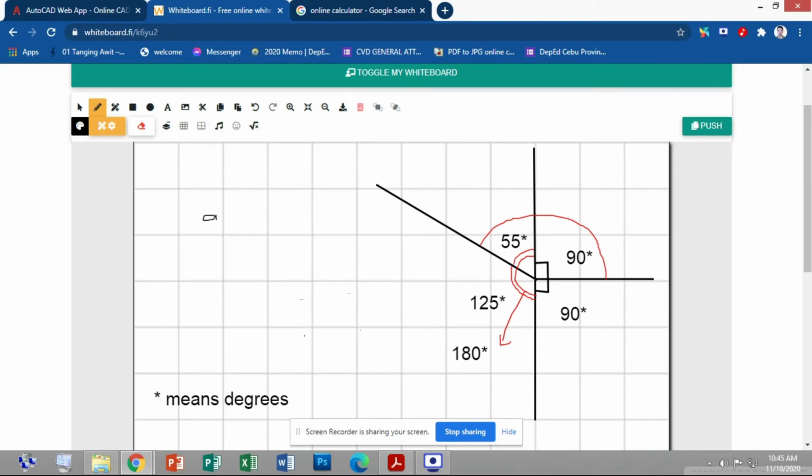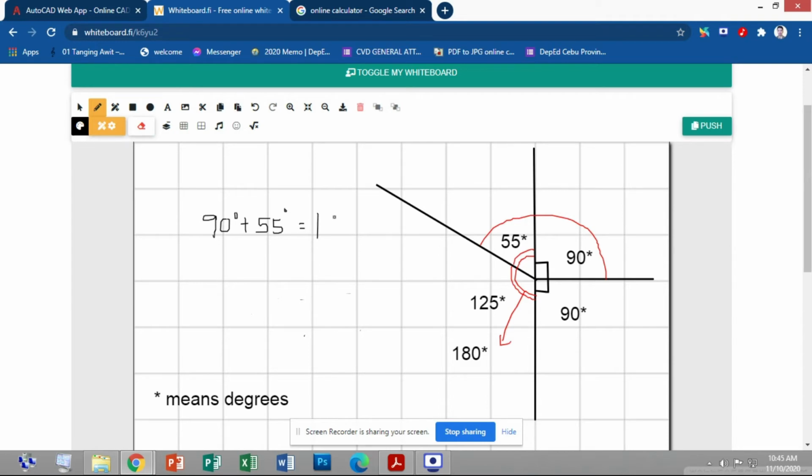So that is 90 degrees plus 55 degrees. Yes, it's correct.